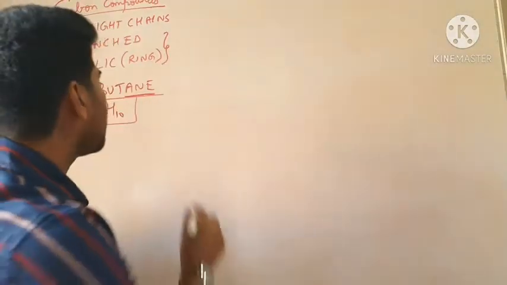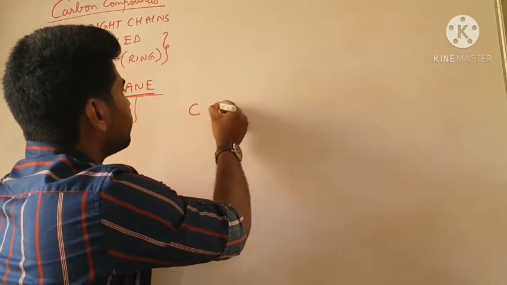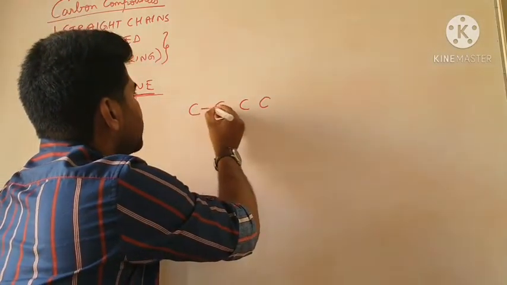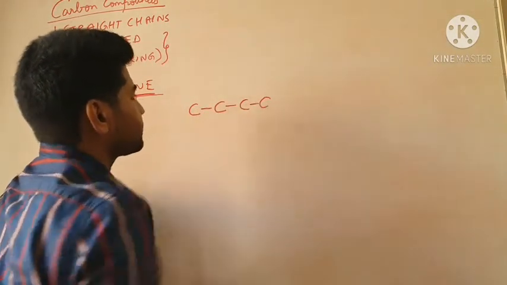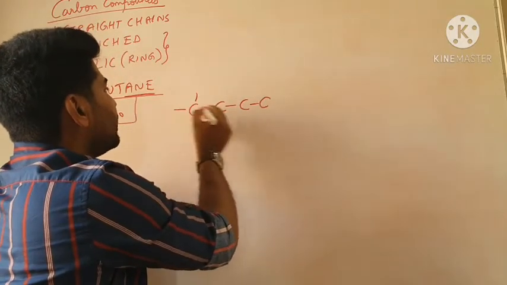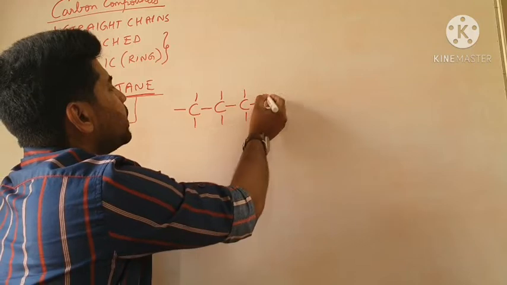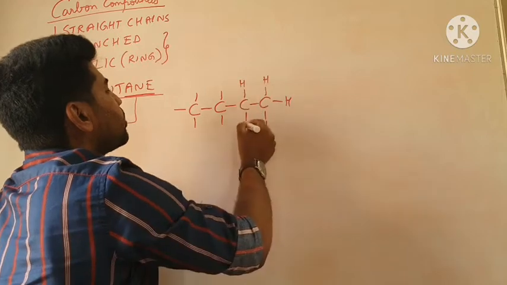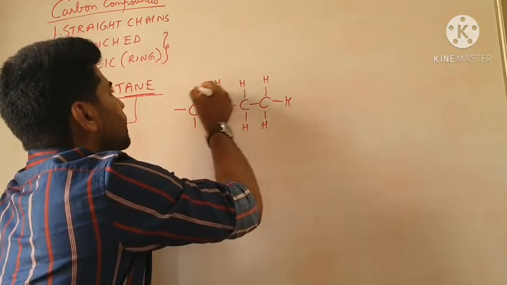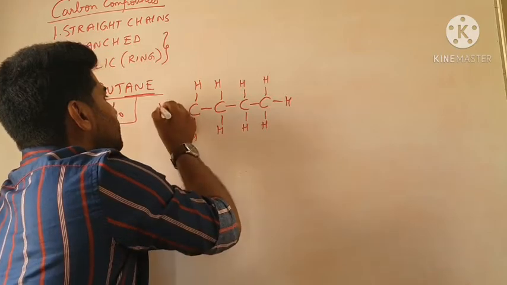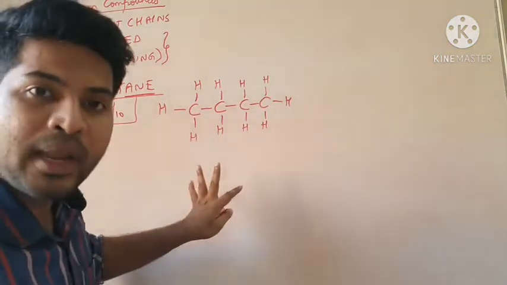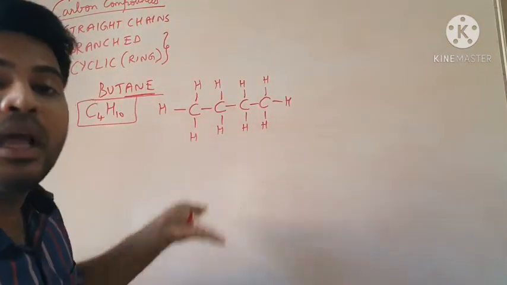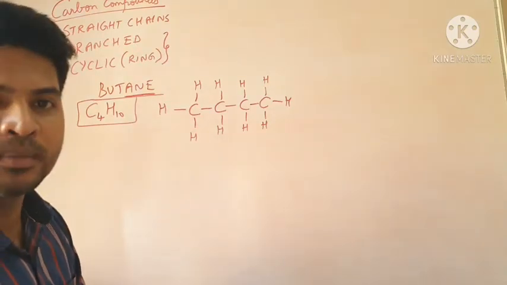The structural formula of butane would be: we have to write down the 4 carbons, join them using single bonds and fill the valencies of carbon using hydrogen atoms. So this would be our normal butane. Now we can also represent C4H10 using another structure. How?